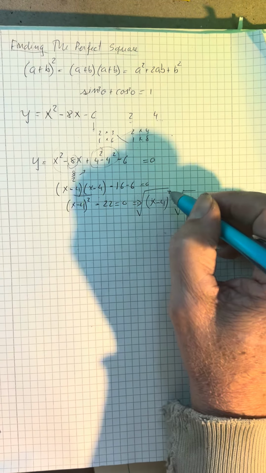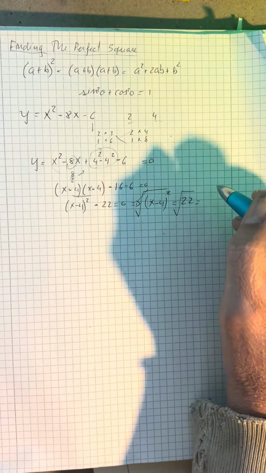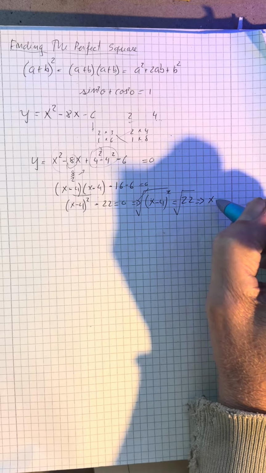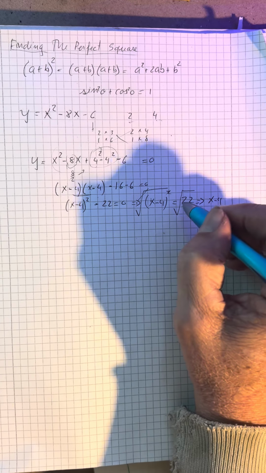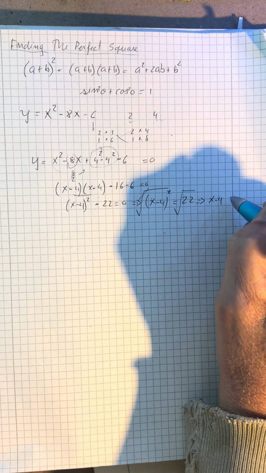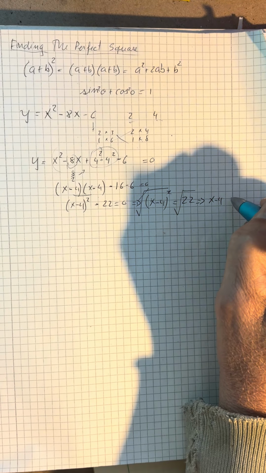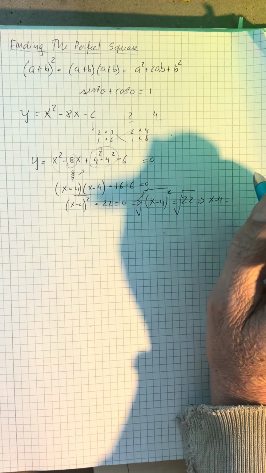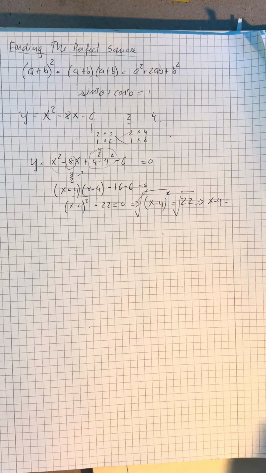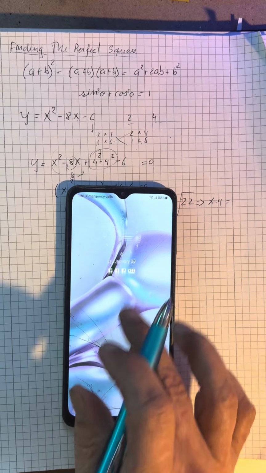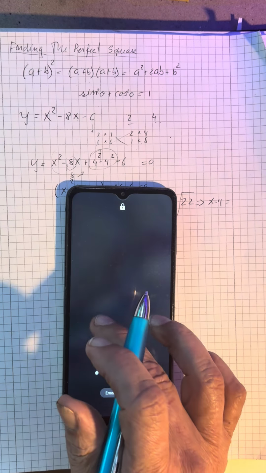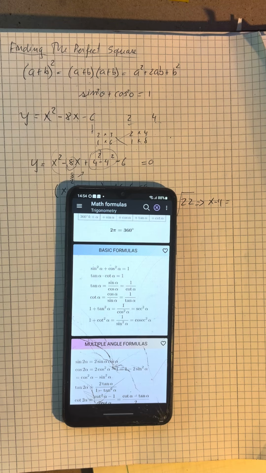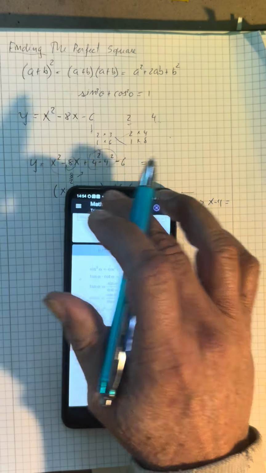The root cancels out the square and leaves behind x minus 4. And on this side, we have the square root of 22. What are the factors of 22? Well, we can use our handy dandy calculator. You know, I think it's on. I think it only has one.